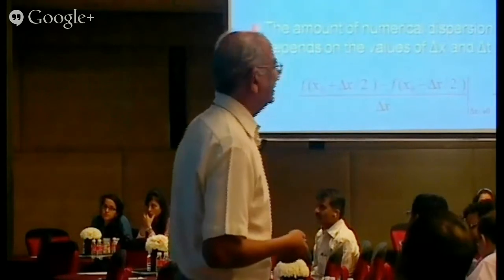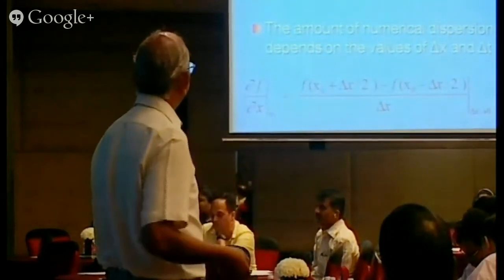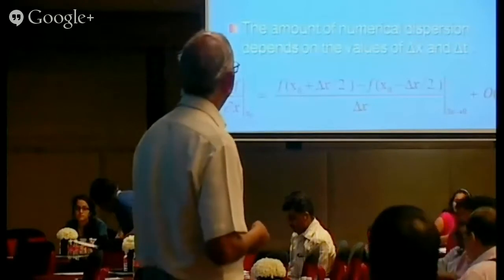That's why we call it numerical dispersion. And the amount of numerical dispersion depends on both values of delta x and delta t. As delta x and delta t, this space step and time step, approach 0, the corresponding error or the numerical dispersion is also going to become smaller and smaller. Okay?